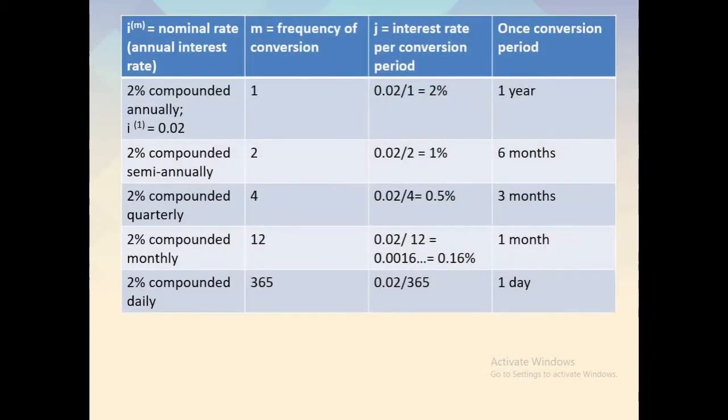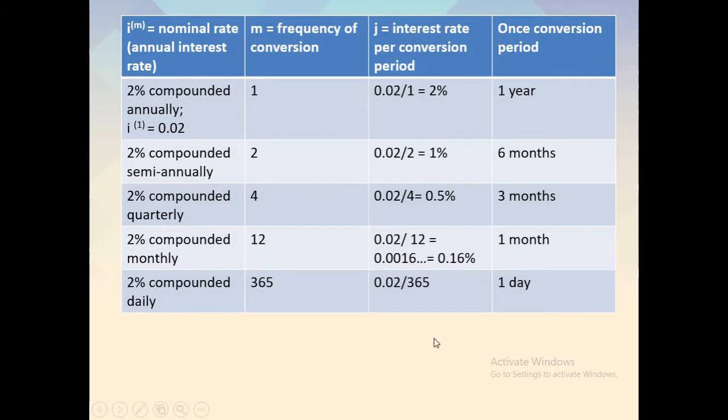Okay, look at this table. On the first column, i^(m) is the nominal rate or the annual interest rate. On the second column, m is the frequency of conversion. j, on the third column, is the interest rate per conversion period. And on the fourth column, the conversion period.